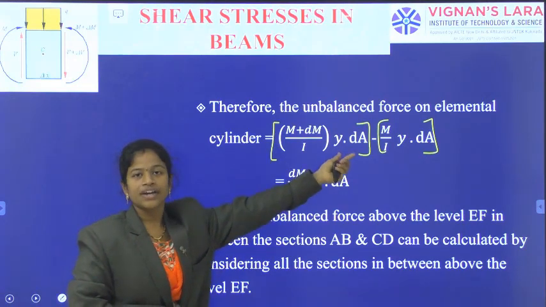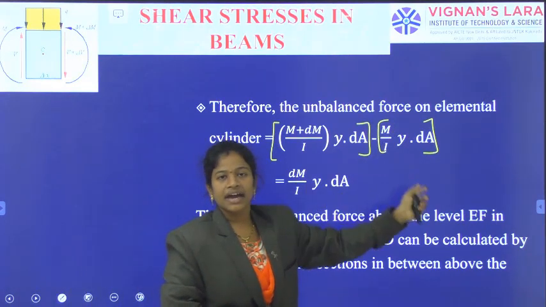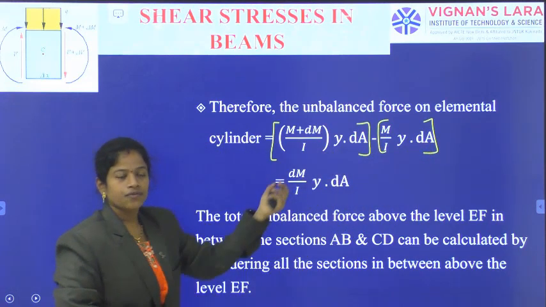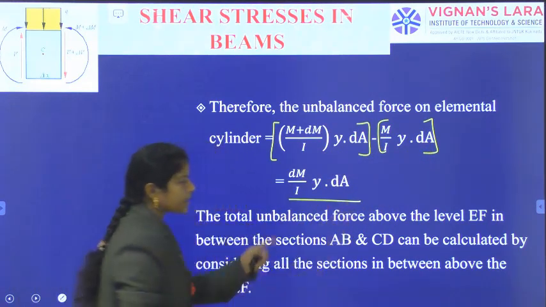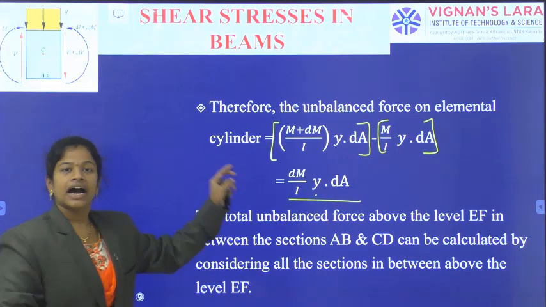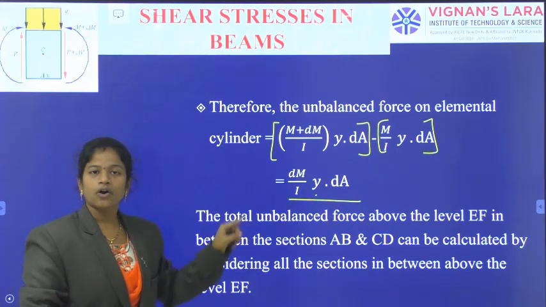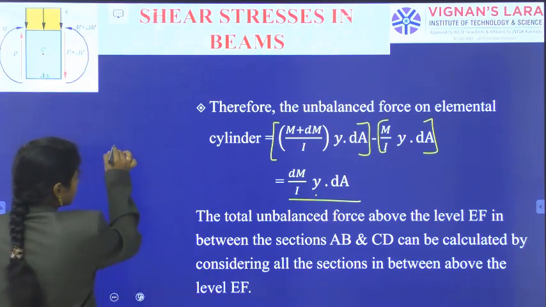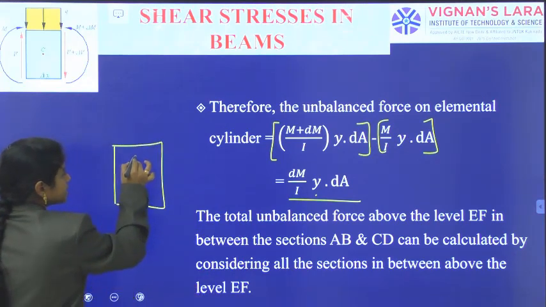That is (M plus dM) by I into y into dA minus M by I into y into dA. So finally we get the term dM by I into y into dA. This is the unbalanced force acting on the cylinder.